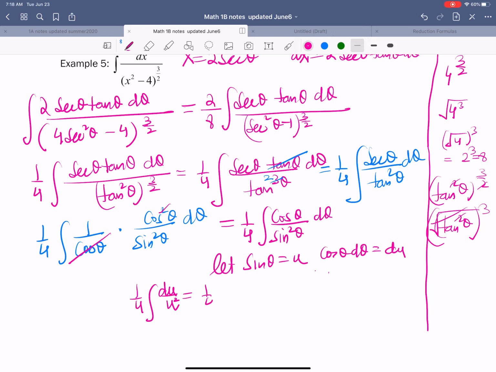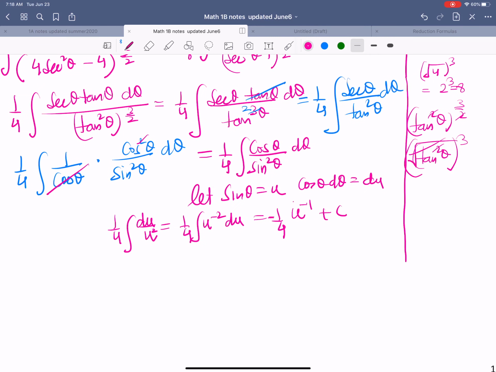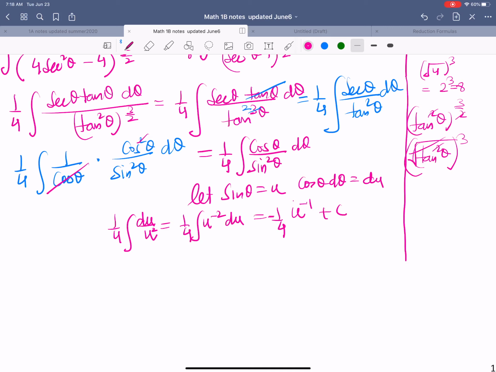So that will change our integrand to u to the power -2 du, which is 1/4. U to the power -2 plus 1 is -1, and we also divide by -1, which makes it a negative here, plus a c. So I can write it as -1/4 times 1 over u. What did we call u in the beginning? U was sine theta plus c.